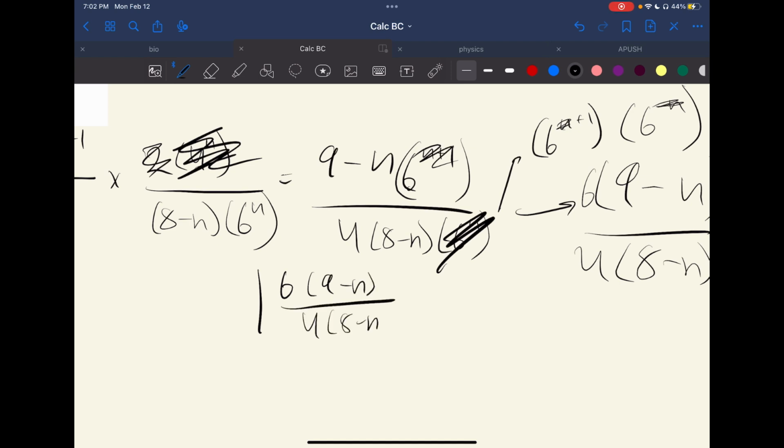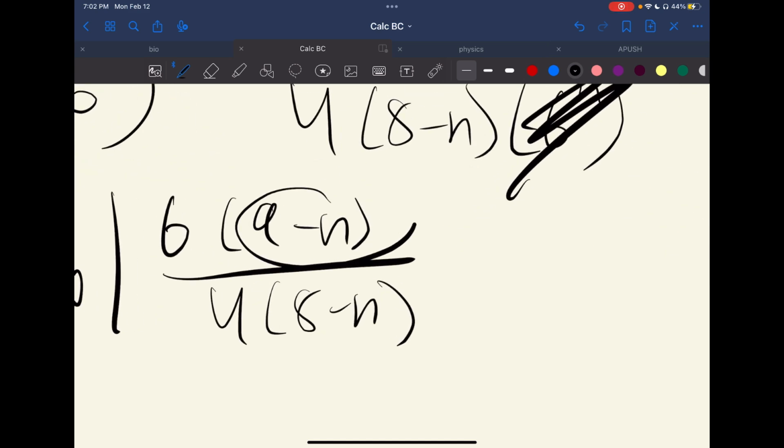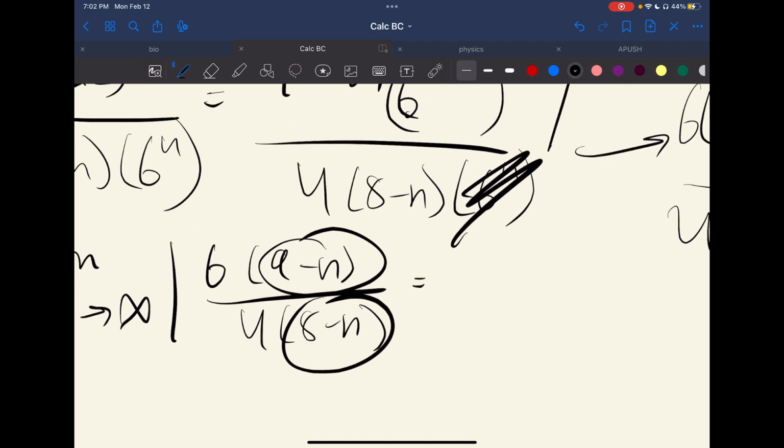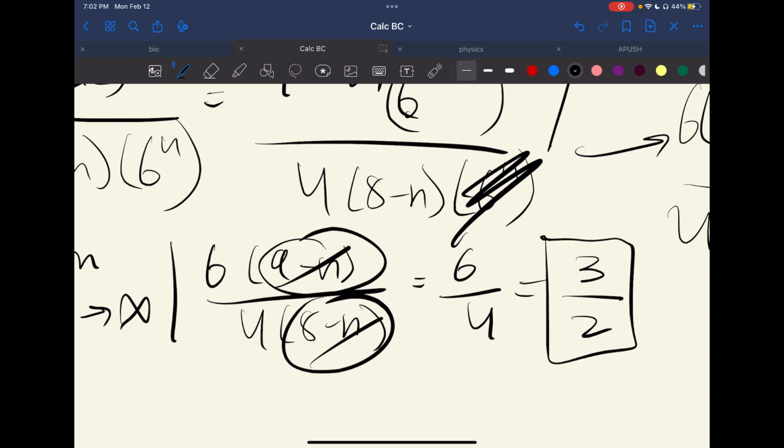Okay, now if we take the limit as n approaches infinity of this, these are just going to go to infinity, both of them. So these two are going to cancel out, and all we're going to have is 6 over 4. And 6 over 4 is going to simplify to 3 over 2. So that's the limit as n approaches infinity.